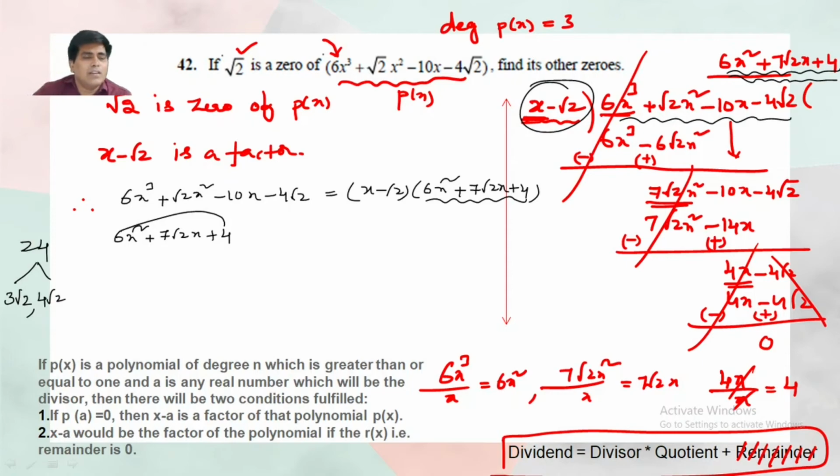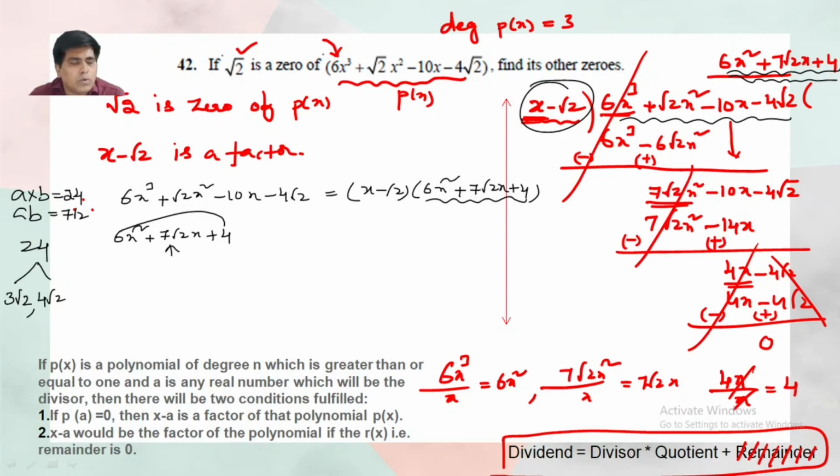So once again you recheck whether it definitely suits or not. The product must be 24. The addition of these two will be 7 root 2, the middle term. So multiply 3 root 2 into 4 root 2. 3 4s are 12.